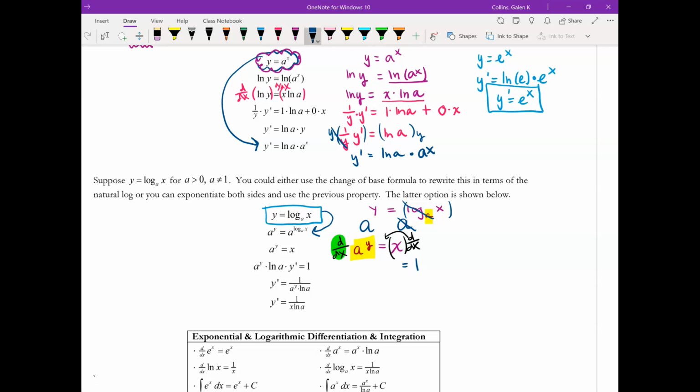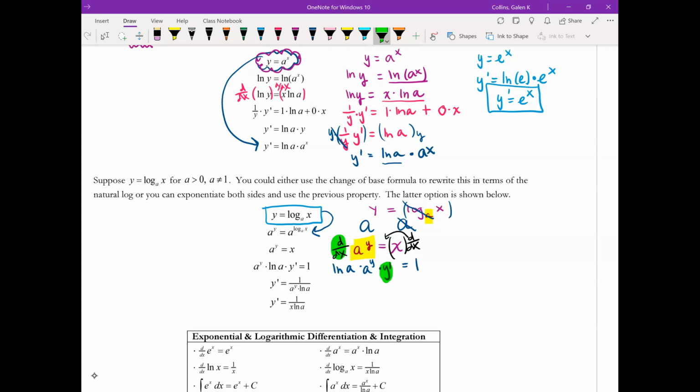So using our rule up here, we have the natural log of a, I know I'm writing this in a different order than it is to the left, times a to the power of y, because it was y to start with, but times y prime. And again, that y prime comes from that implicit differentiation and the chain rule. We could just think of that as an application of the chain rule.